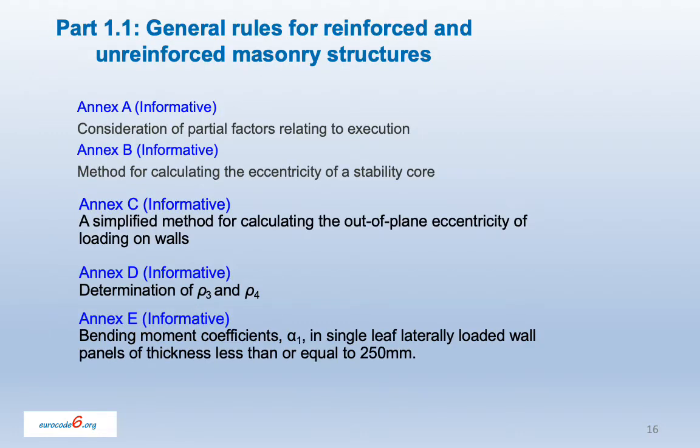There are also a number of annexes, and in the case of Part 1.1, all of these annexes may be used in the UK. So, for example, Annex A gives extra information relating to execution and the relevant partial factors, whereas working our way through, Annex E gives us the bending moment coefficients we will require for laterally loaded wall design.